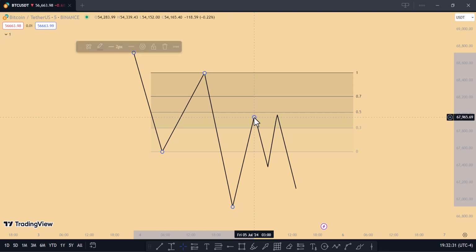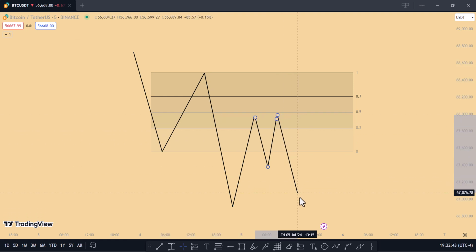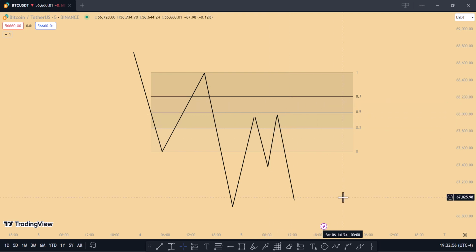All right, if something like this happened, so we have this high below the 50%, price liquidated this high, but it didn't top into the 50%. Even if this move happened and you never got the top into that 50%, it doesn't matter. A lot of times price will come back one more time, tops into an important level, and then comes to the downside.